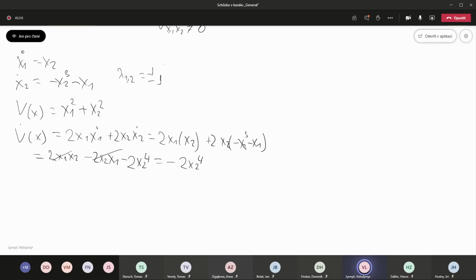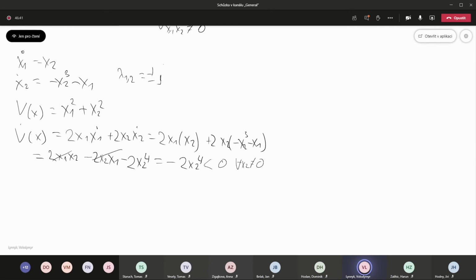Now we can say that it's less than 0 for all x2 not equal to 0.